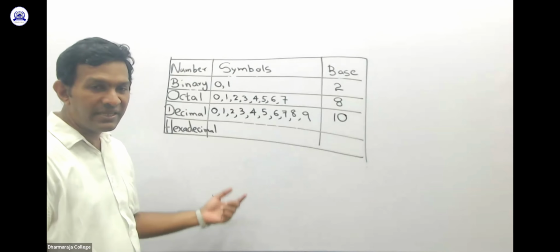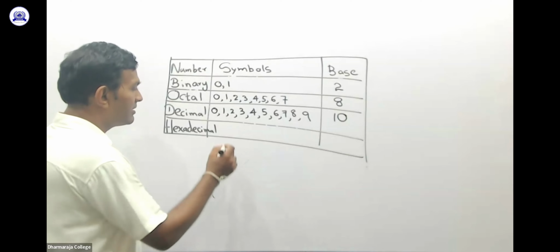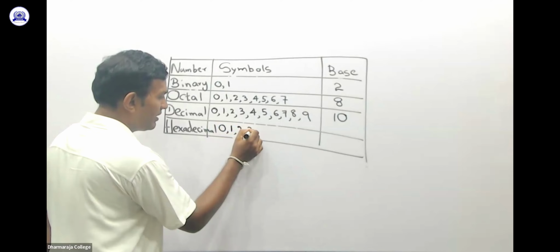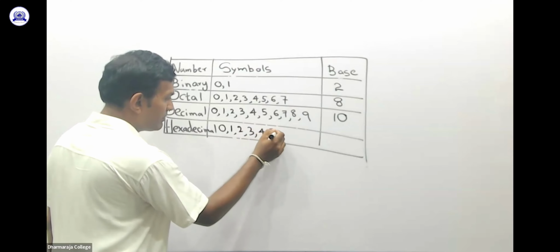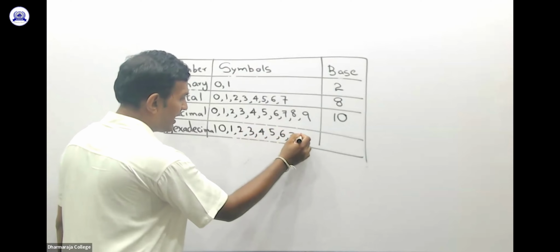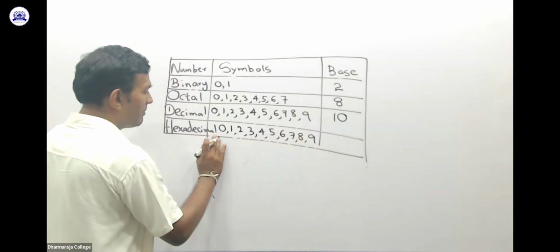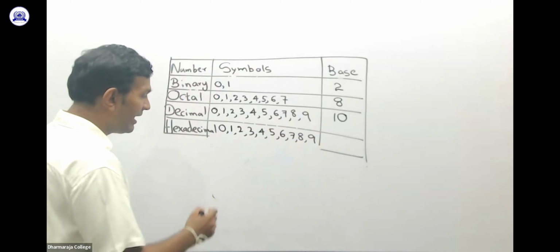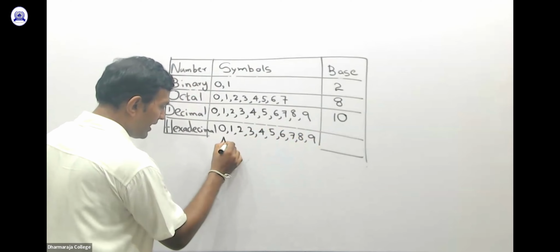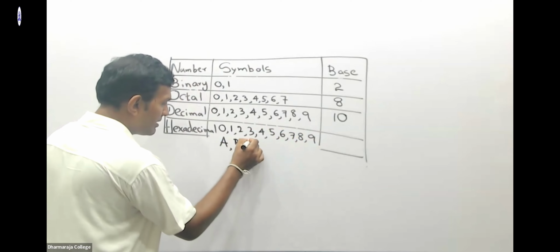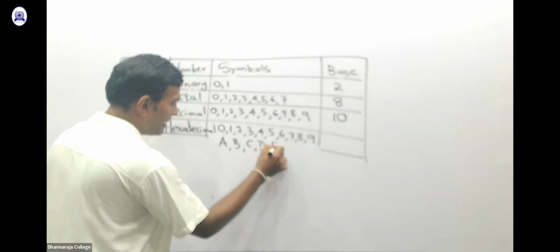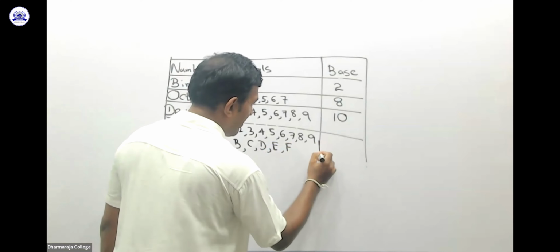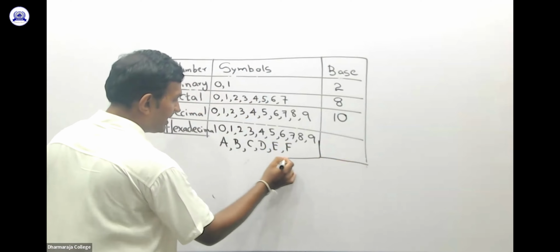But when you come to hexadecimal, we have 1, 2, 3, 4, 5, 6, 7, 8, 9, but we represent the number 10 as A. We have A, B, C, D, E, and F all together. We have 16 there.